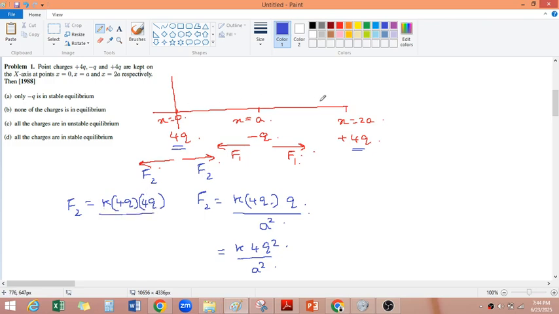R squared is this distance, 2A, so 2A the whole square. One of the 4 will cancel, so I will get 4Q squared divided by A square. That means this and this are equal.